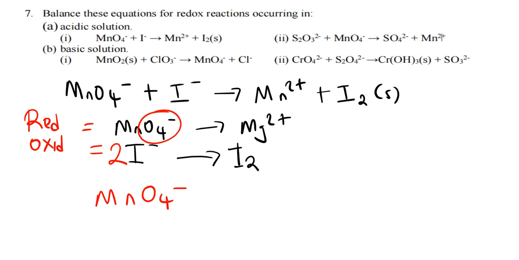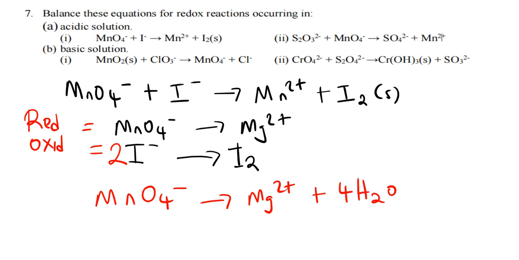For us to balance that, we're going to add 4 water molecules on the other side. So I'm going to have Mn²⁺ plus 4 water molecules to balance the oxygen, so that I've got 4 oxygens on this side and 4 oxygens on that side.